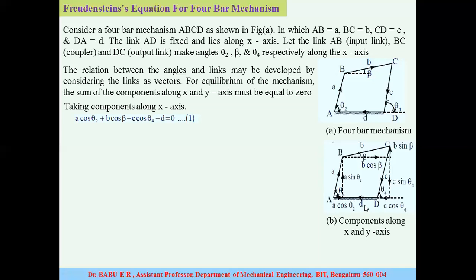And one more we have, the length of the link AD, represented by small d. It is also acting in the opposite direction, so it is minus d. The sum equals 0. Call this equation number 1.